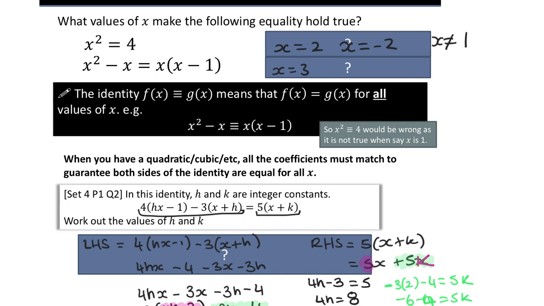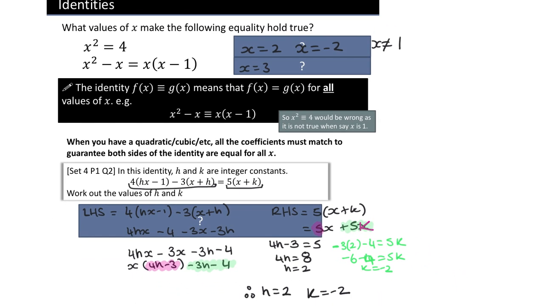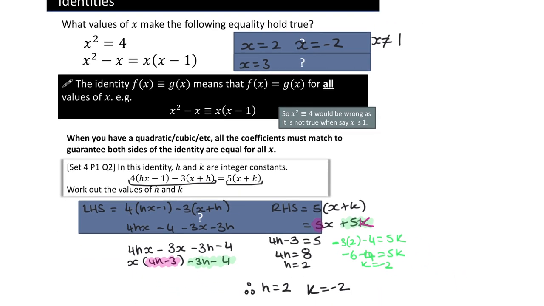So just to make this abundantly clear, once I expanded the left-hand side, I get 4h minus 3 bracket x minus 3h minus 4. The coefficients must match to 5x plus 5k.